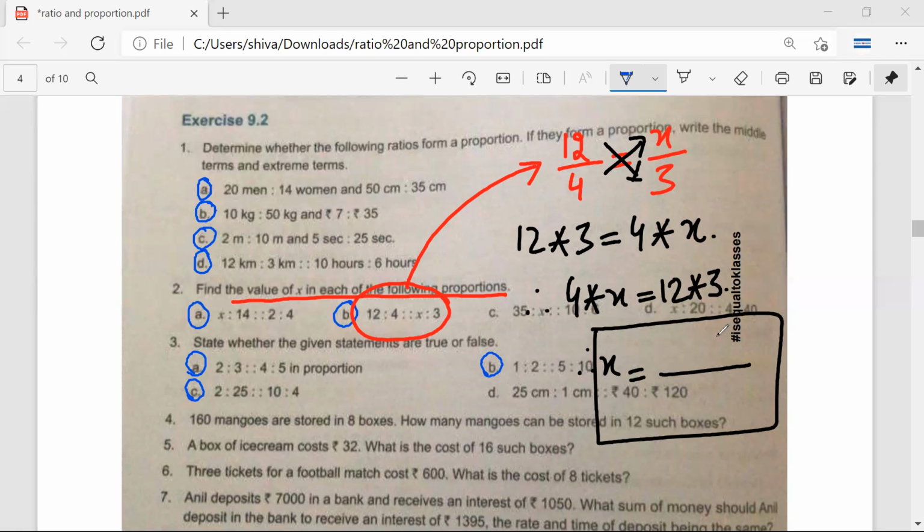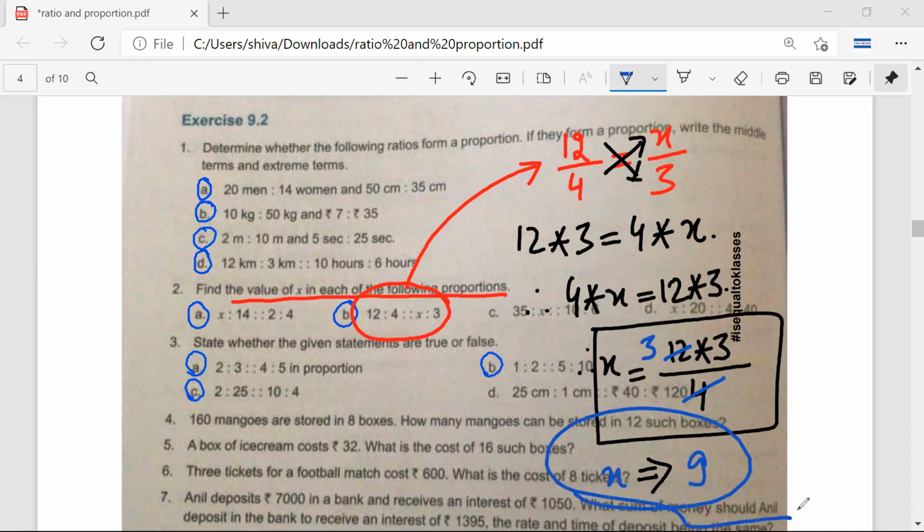When I solve this, x is equal to 9. Mr. Sarthak, any doubt? Okay. Satya, any doubt? No, sir.